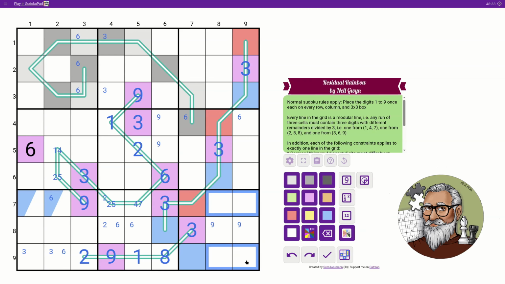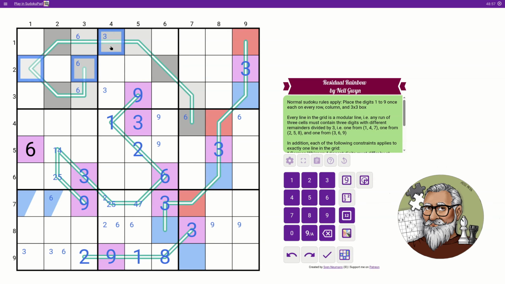Wow. If this one is, does that work? I don't see why it wouldn't, right?